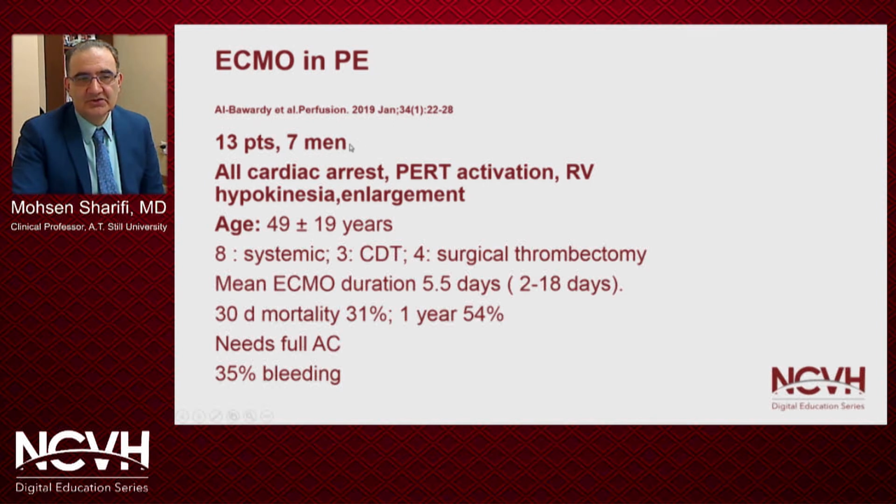Al-Bawardi published his data on 13 patients. All of these patients had cardiac arrest, and they all had PERT activation. They had RV hypokinesia and enlargement. The age was around 50 years. 8 of these patients had additional systemic thrombolysis, 3 had catheter-directed thrombolysis, and 4 had surgical thrombectomy.